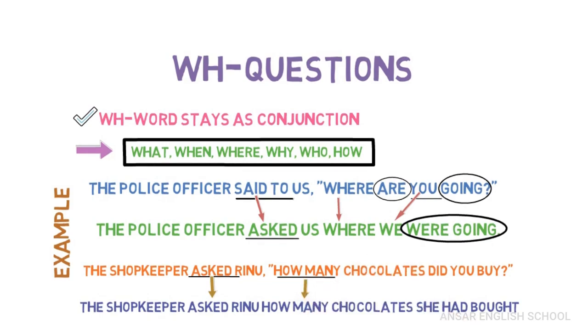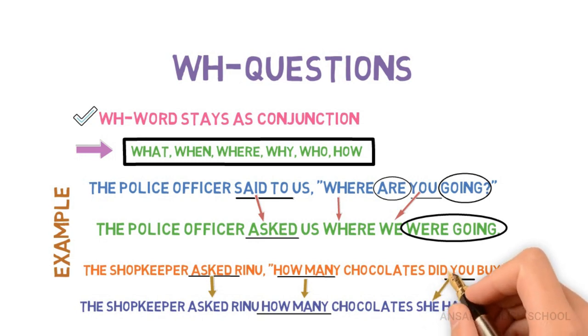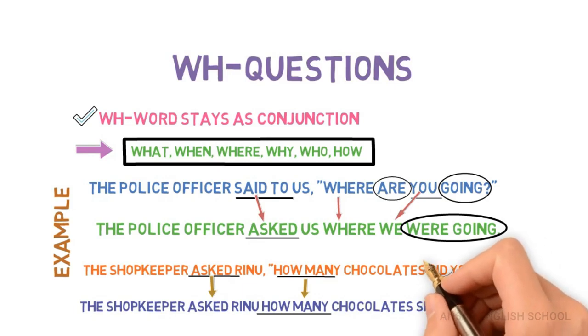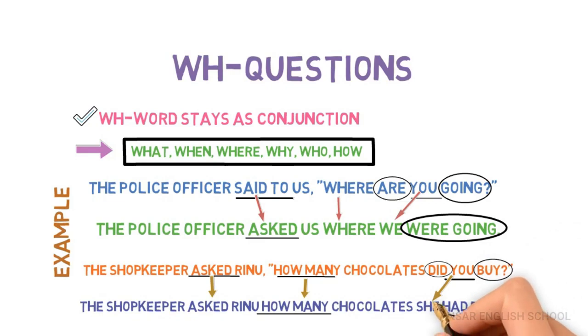And then you is the subject and Renu is the person who is listening, so you have to change it to she. Then did buy is the verb, and that is changed to had bought. Did buy is in simple past tense, so it has to be changed to had bought, past perfect tense. So this is how you change WH questions.